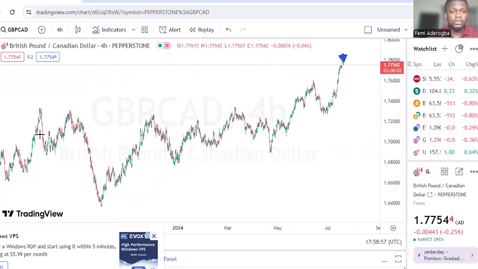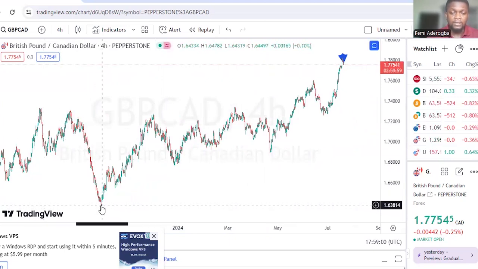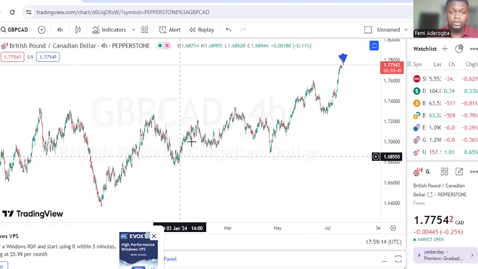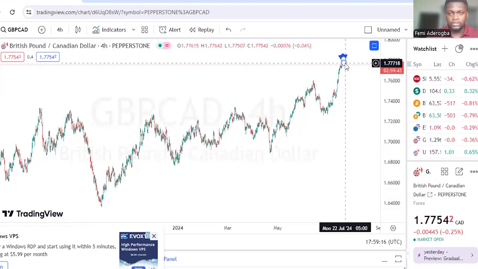Now, let's consider something here. If you look at this chart around there, you will realize that from here, the market appears to be moving upward, till it got here.